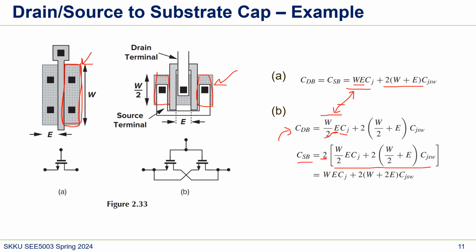Because C junction is a function of area, since it's a capacitance from the bottom of the drain and substrate. So they're the same because this is W over 2 and here's E. And then what about the sidewall capacitor? Same, right? Same as this drain. So when we multiply by 2, it becomes like this.